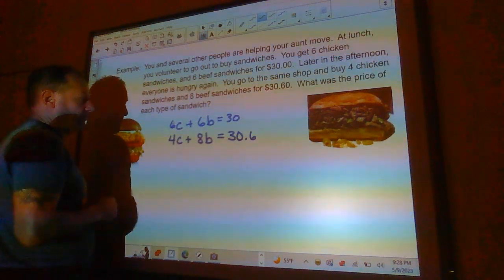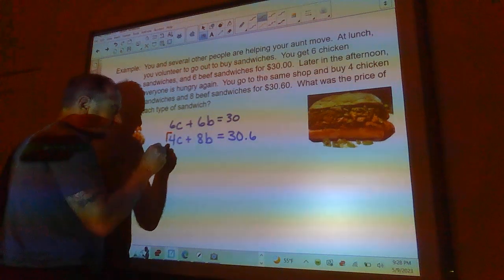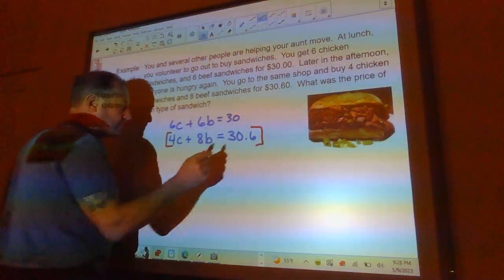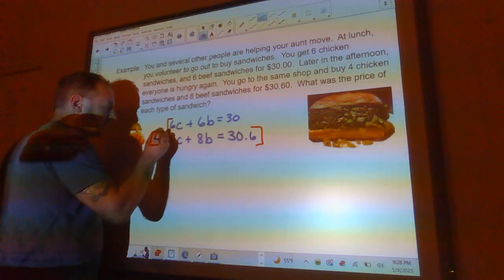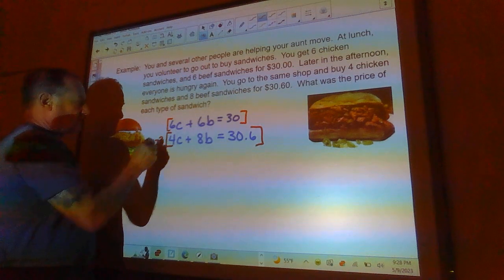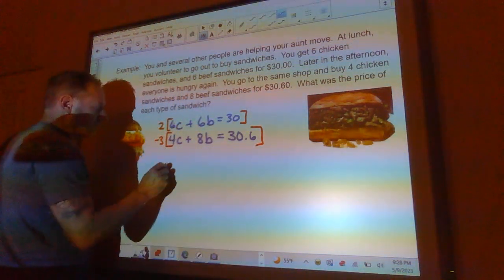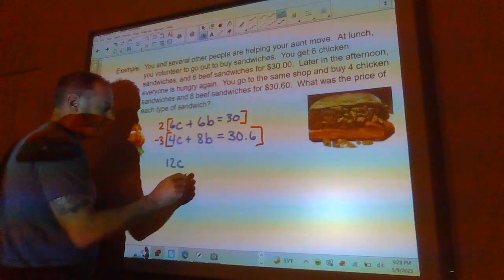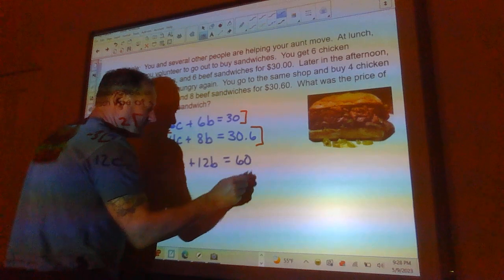I would probably solve this by multiplying the bottom equation by -3, and the top equation by 2. Once I do that, I'm going to get 12C plus 12B is equal to 60.